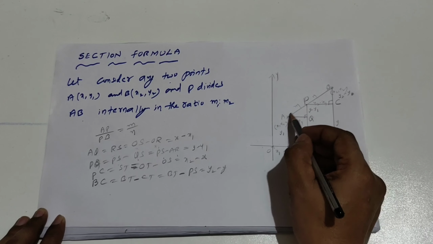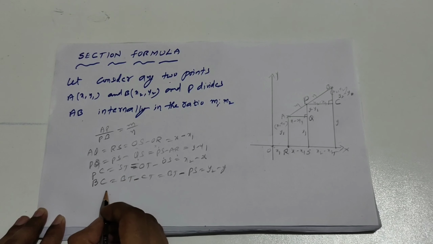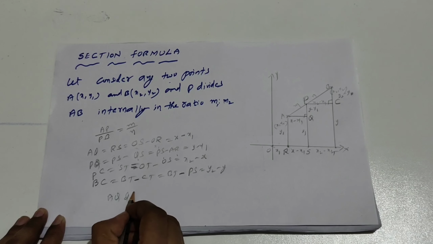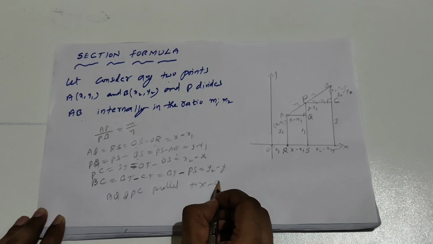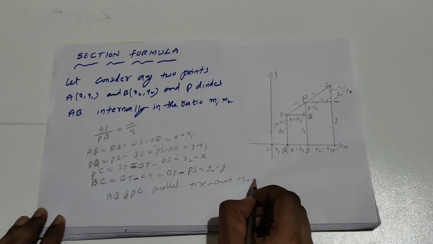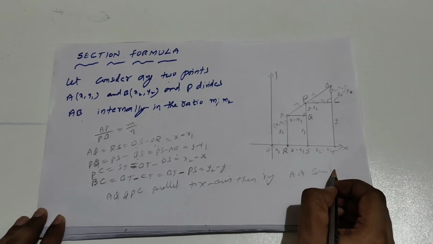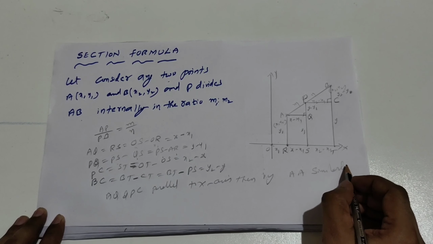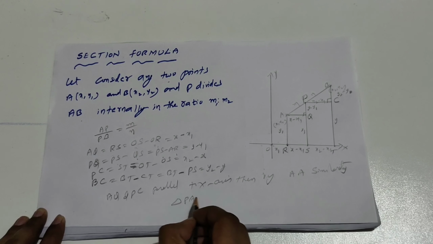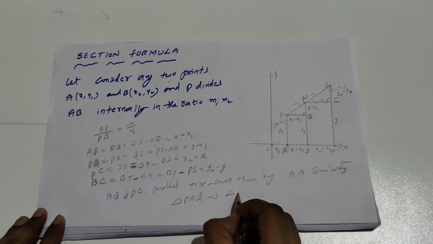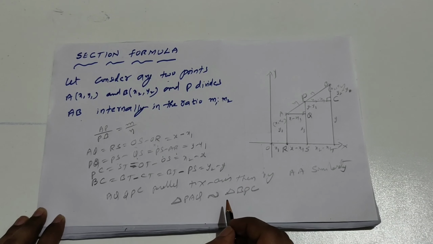That means we have to find the measurements of triangles APQ and BPC. Why? Because AQ and PC are parallel to the x-axis, so by the angle similarity criterion we can say triangle PAQ is similar to triangle BPC.